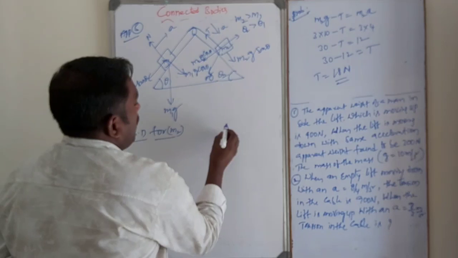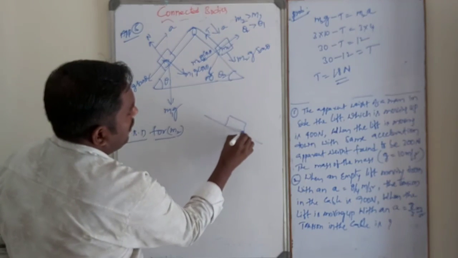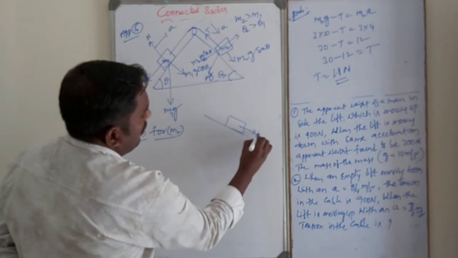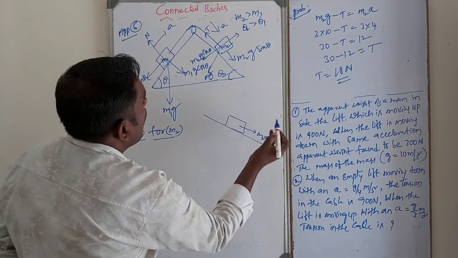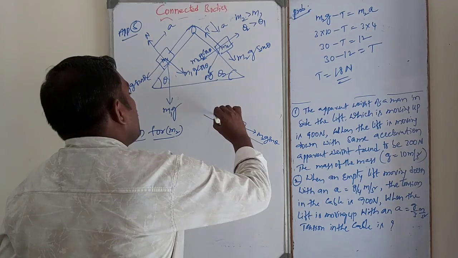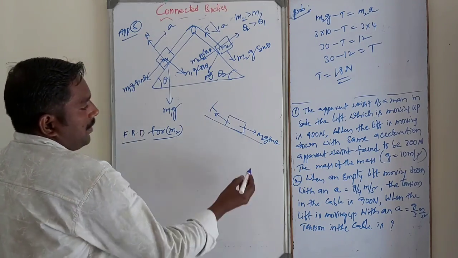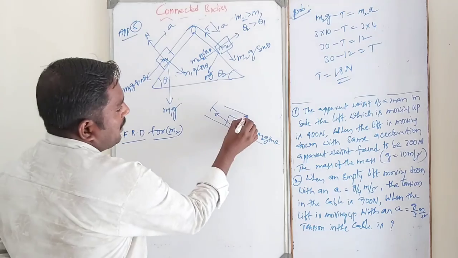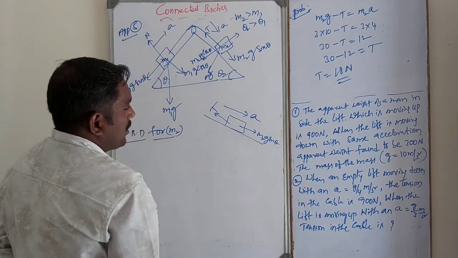So if we draw the free body diagram, like this: m2g sin theta is down, and tension will be up. Since m2g is highest, the acceleration is like this, the system moving downwards.